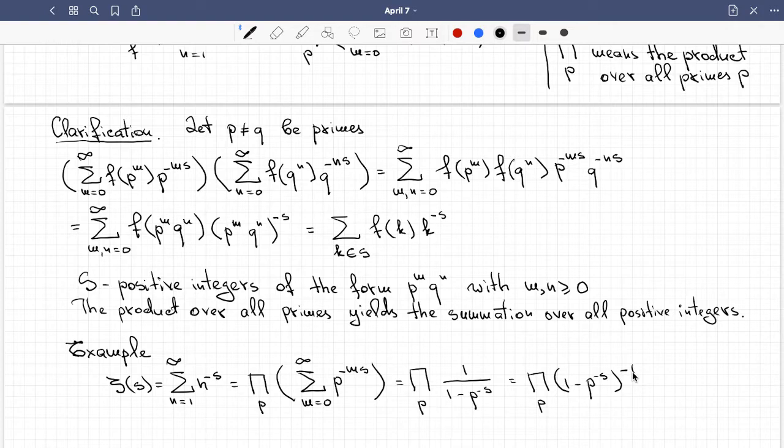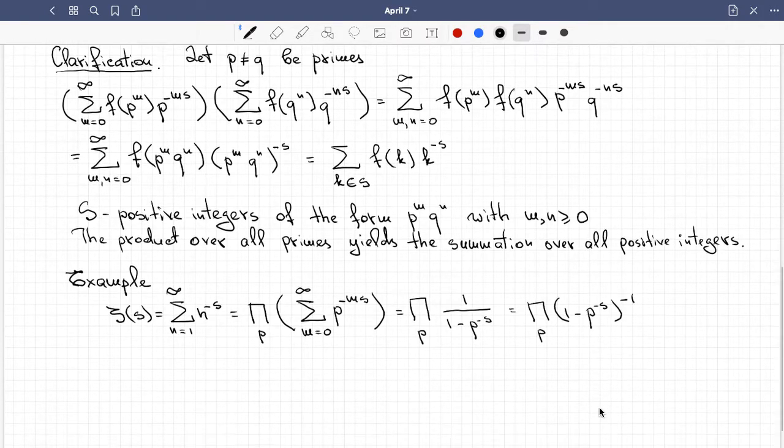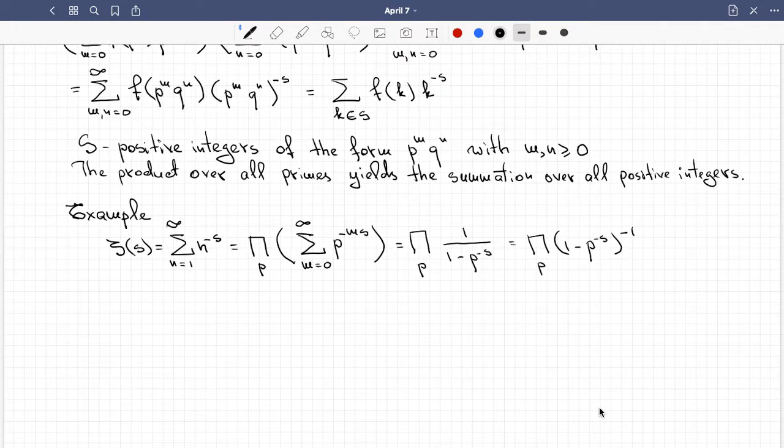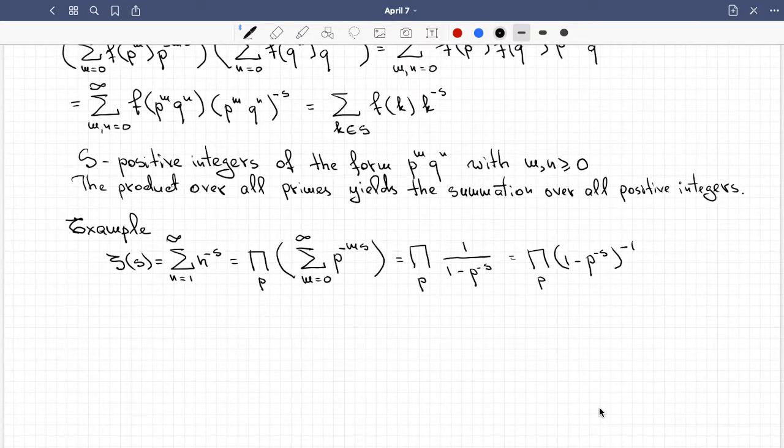This identity, the factorization of the zeta function as a product over all primes, of course, goes back to Euler, and it seems to be quite trivial. Let me give you the first consequence of this identity.